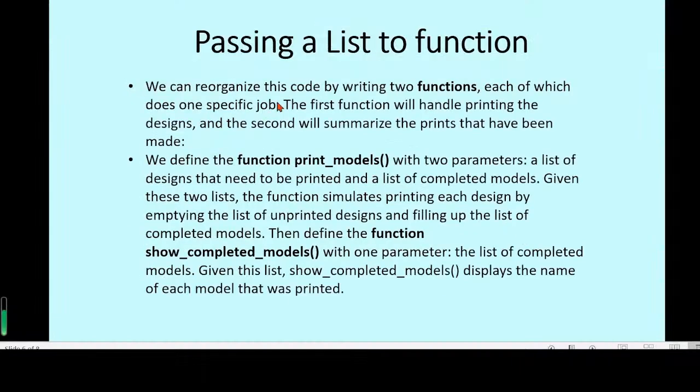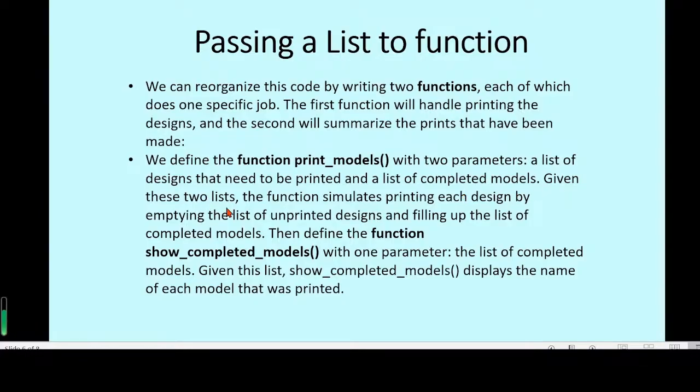We can reorganize this code by writing 2 functions, each of which does one specific job. The first function will handle printing the designs, and the second will summarize the prints that have been made. So we define the function printModels with two parameters, a list of designs that need to be printed and a list of completed models.